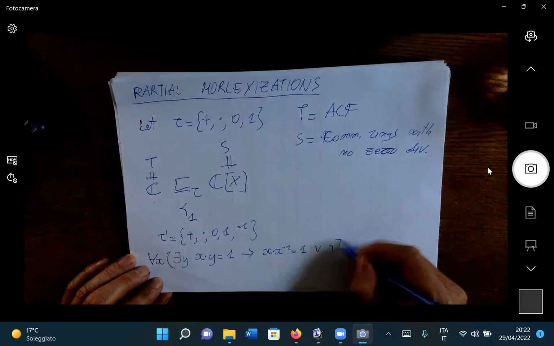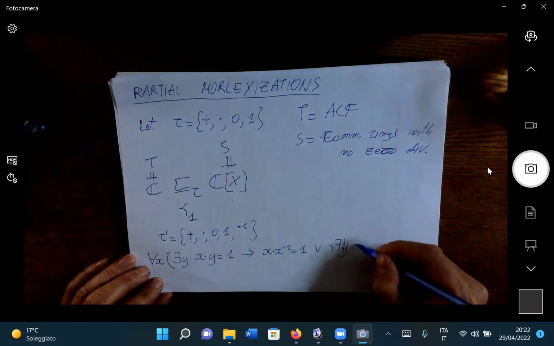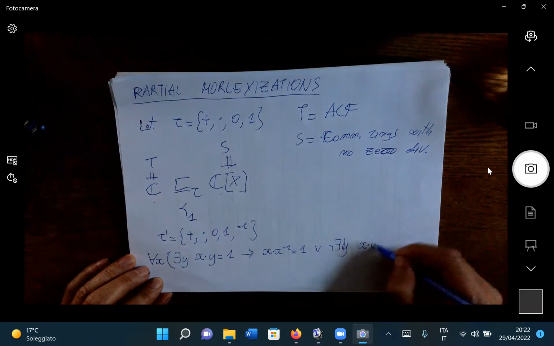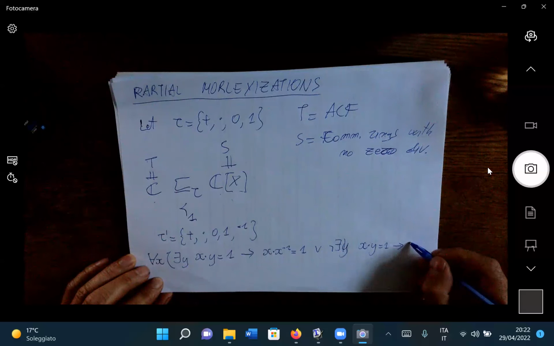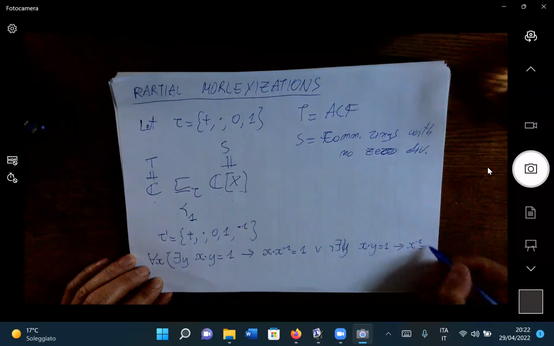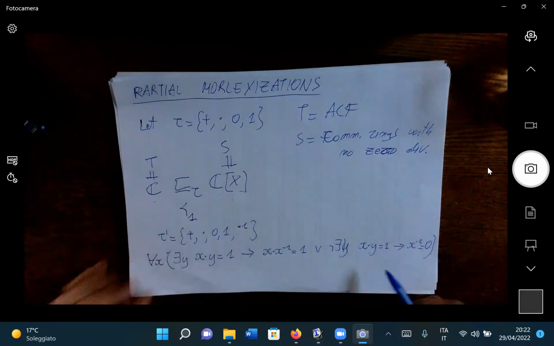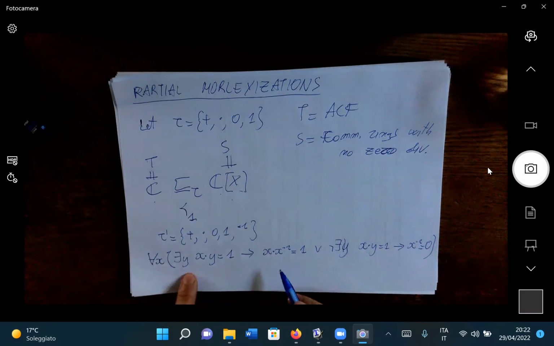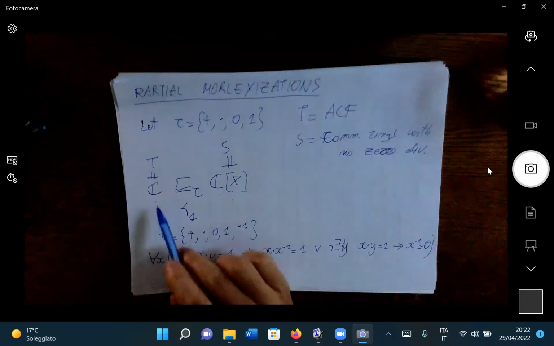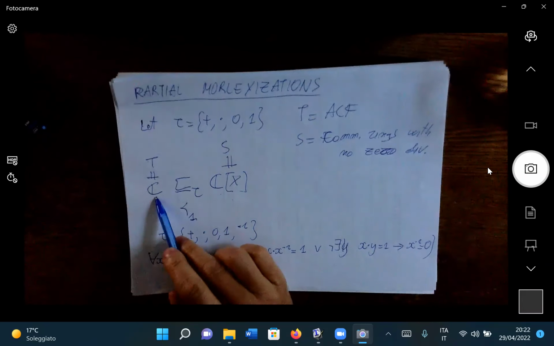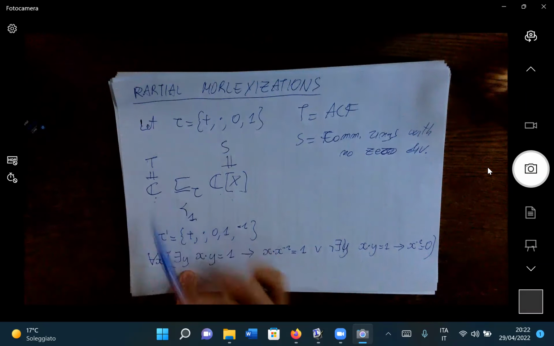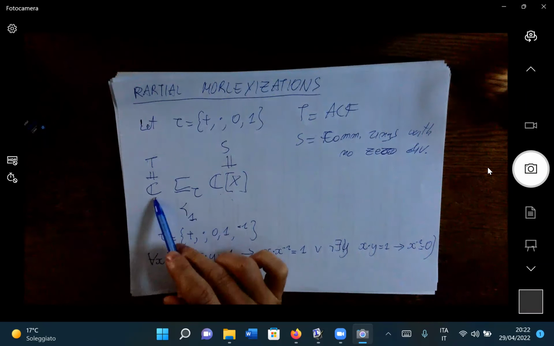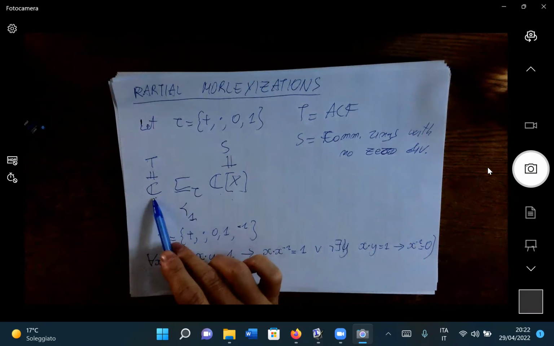Or, if there is no y such that x times y equals 1, in which case x^-1 is 0. Okay? And what happens is that this axiom serves the purpose of defining the multiplicative inverse as we want here and here.